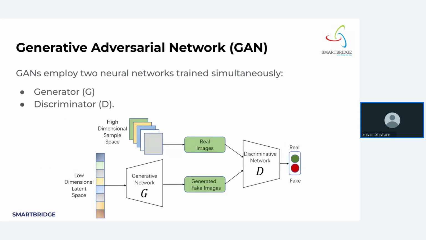The name generator suggests that it is going to generate something, right? First, we'll discuss the discriminator. I'll give an example. For example, there is a thief who is trying to steal something from a house.